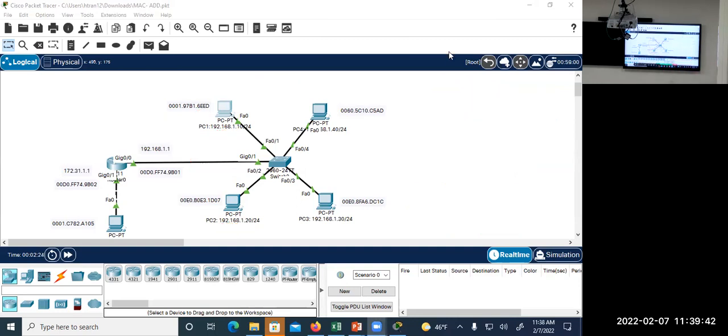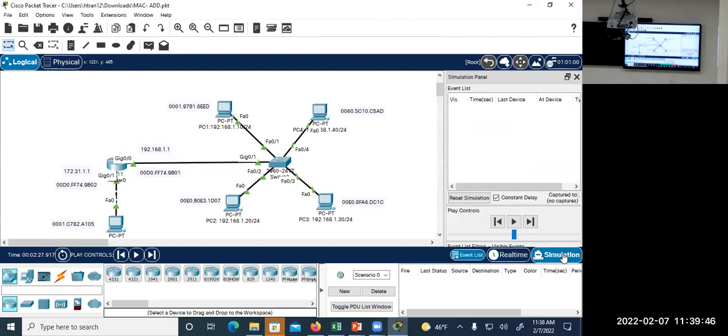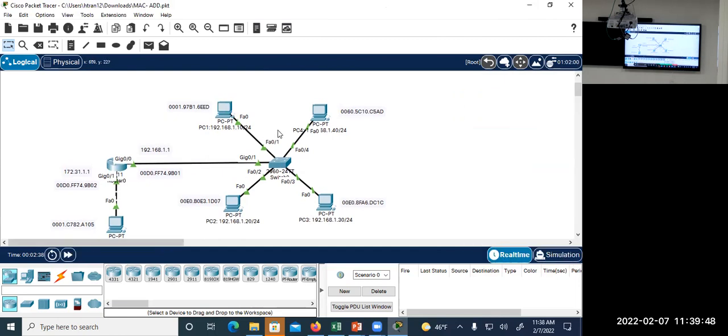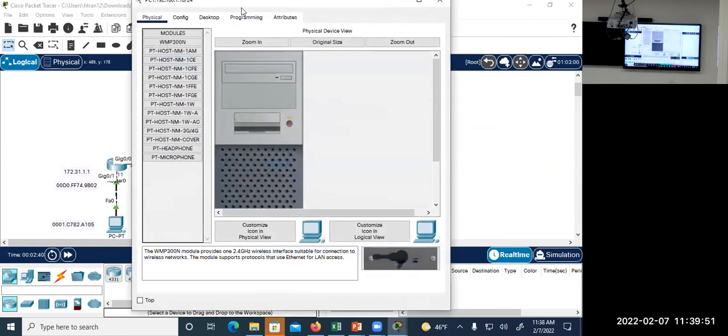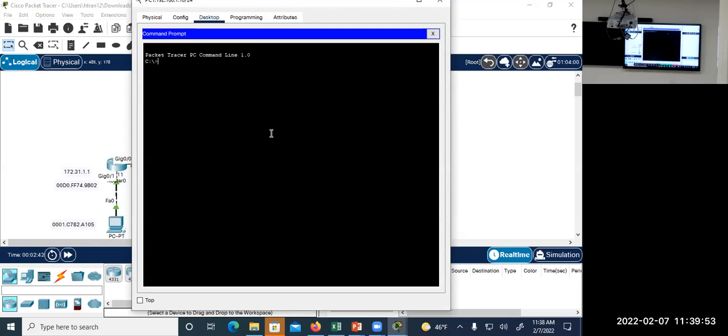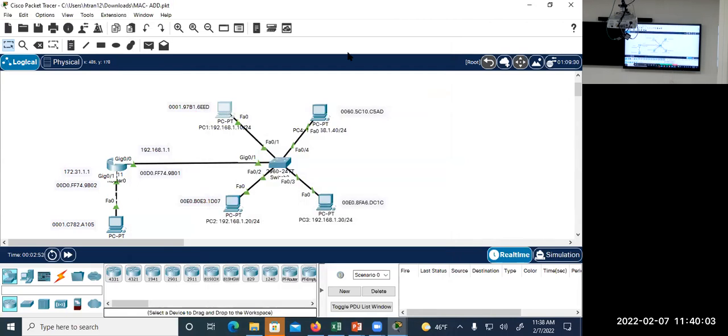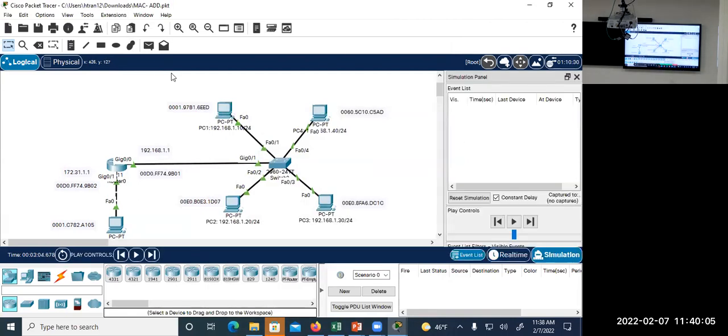Okay, you can see how it works. So now we see how it works with the simulation, right?